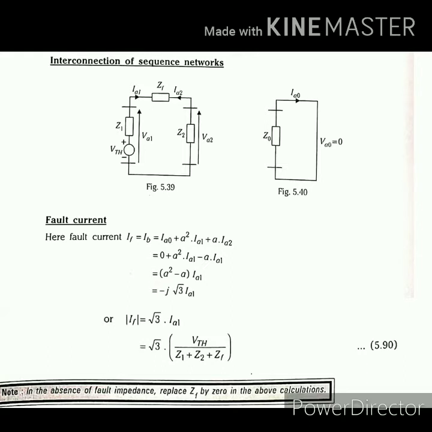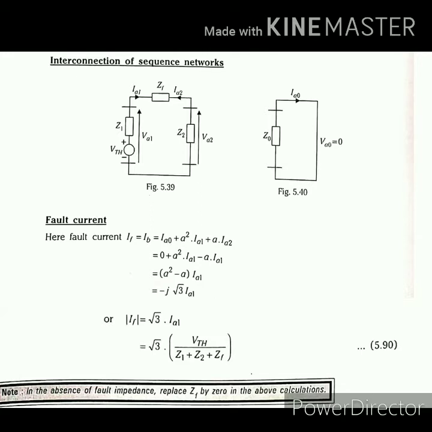Here the fault current is equal to IB. So IB we have to express in terms of sequence components of current, and this becomes equal to A square minus A into IA1. Now A square minus A is nothing but minus J into root 3, according to the A operator.